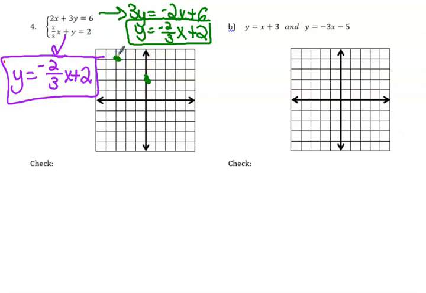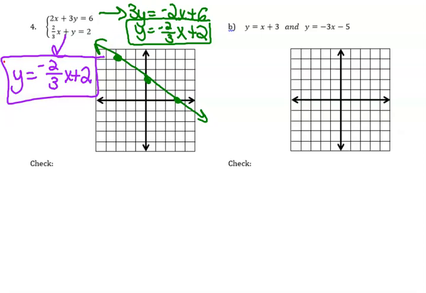And then if you go the opposite, so if you like to go down when you have a negative slope, you'll go down 2, and then to the right 3. And therefore you have the same line. So y equals -2/3 x plus 2, so that's green on my graph.